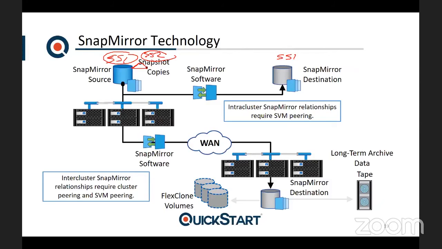What's changed? And so all that gets transferred over are just those data blocks that the two did not have in common. And now I can create a new snapshot over here.